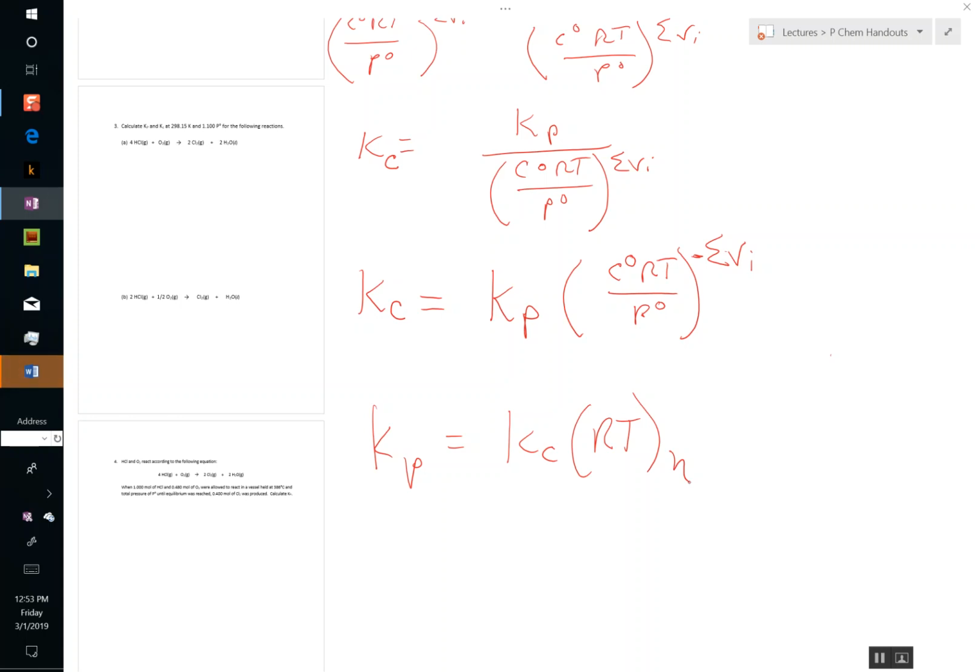Then they define n as the moles of product minus the moles of reactant. So that n as an exponent is taking the place of the sum of the nu i's. And C naught over P naught, where C naught is 1 mole per liter and P naught is 1 atmosphere, is just a 1 in the denominator.